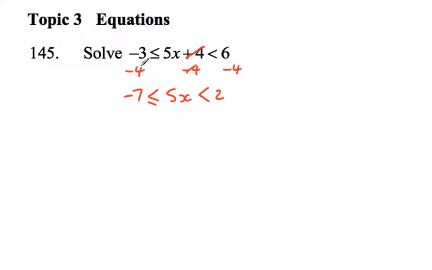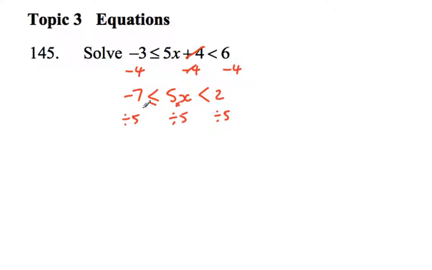So let's just recap there. We wanted to move the plus 4. We have to do the opposite to it, and we have to do it to every term. To get the x on its own now, we want to move a 5 that's multiplying, so to do the opposite we'll divide by 5.